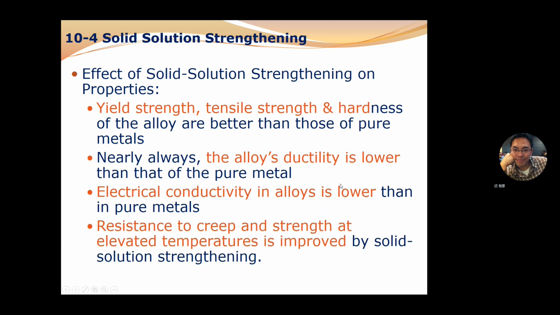Because the dislocation movement is stopped, right? It's retarded. Those solid solutions have higher resistance to dislocation movement.